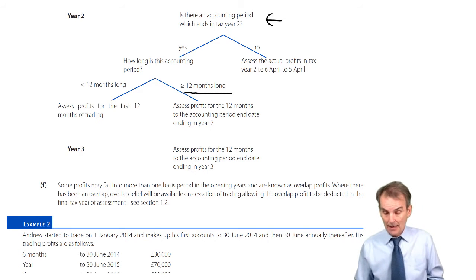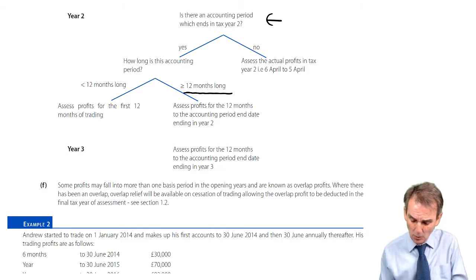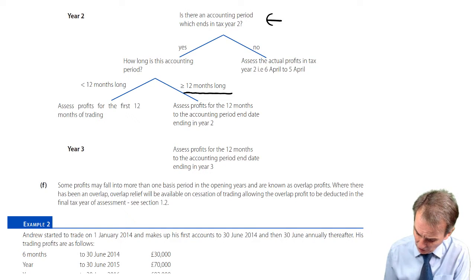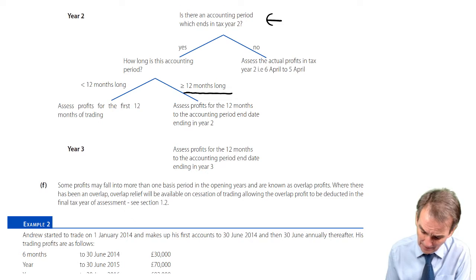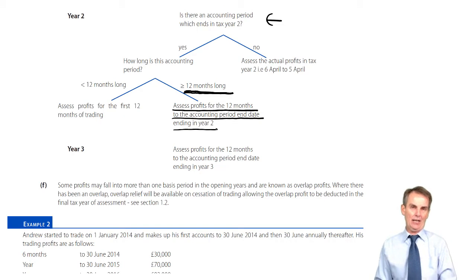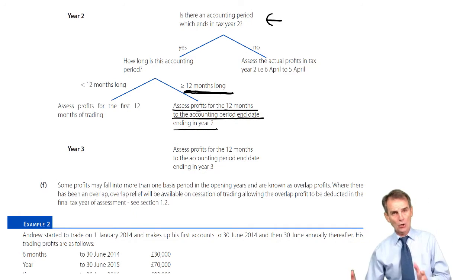Okay, let's therefore look at what happens where, looking at your notes in front of you, we have the situation that the accounting period that ends is more than 12 months long. We assess the profits for the 12 months to the accounting period end date ended in that second tax year. So we've got a long opening period, more than 12 months.